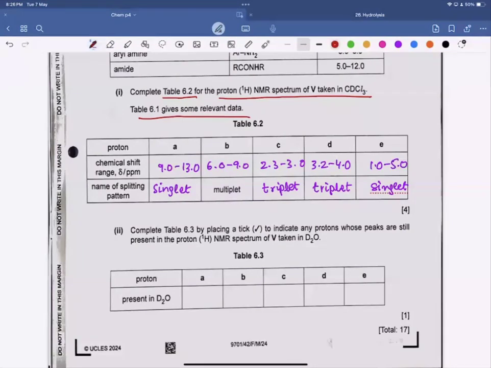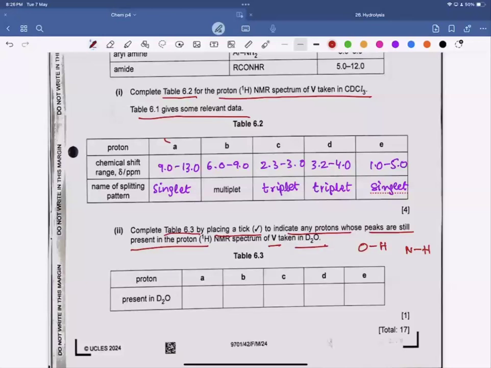Okay, now part 2. Complete table 6.3 by placing a tick to indicate any protons whose peaks are still present in the proton NMR of V taken in D2O. So remember, in D2O, the OH hydrogen and the NH hydrogen are being replaced.